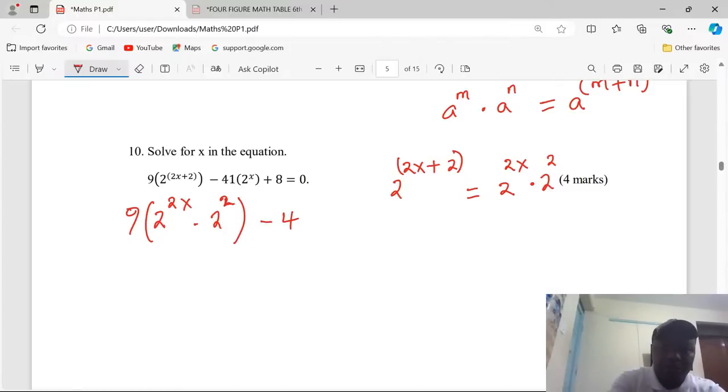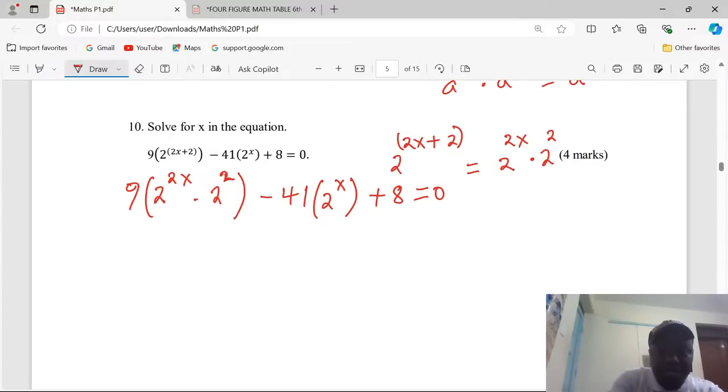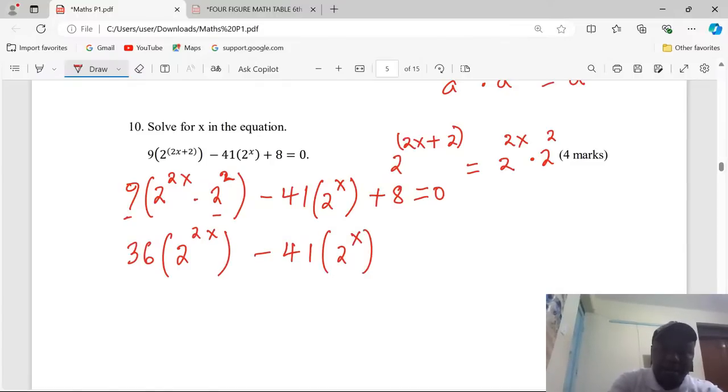Then minus 41, 2 power x plus 8 equals 0. At that point, 9 times 4 will give me 36. So 36 into 2 power 2x minus 41, 2 power x plus 8 equals 0.